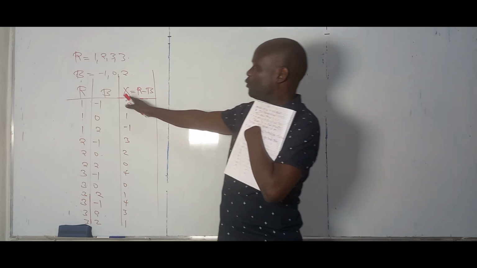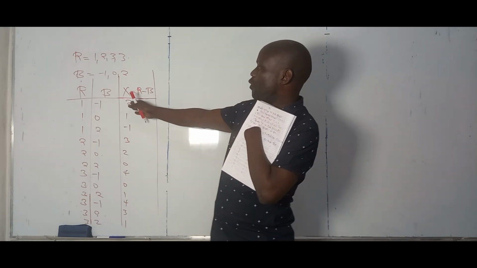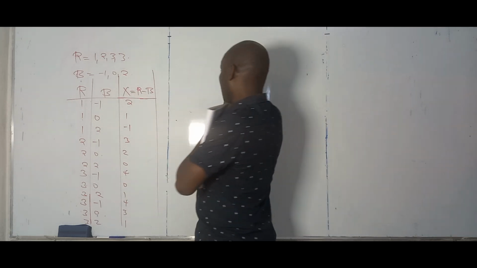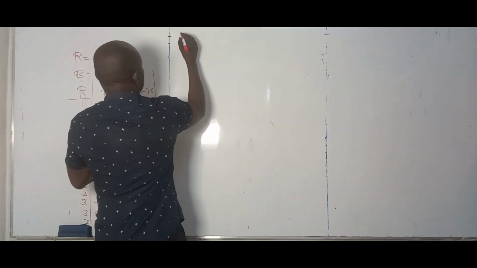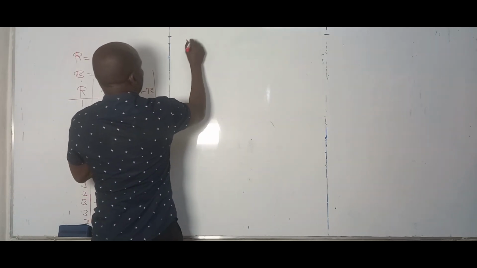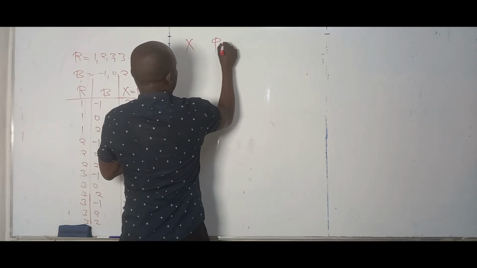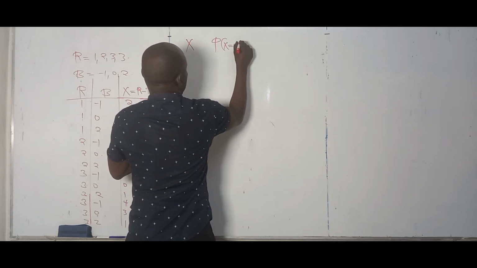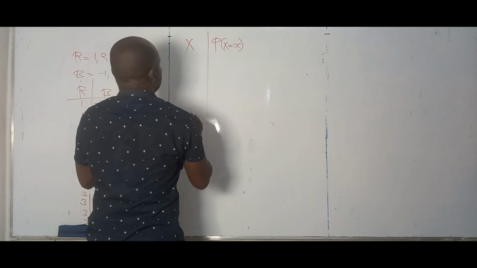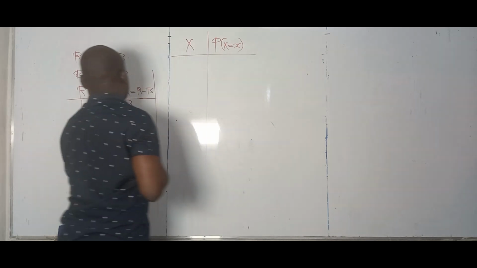So we want to draw the probability distribution table of our random variable x, and we start by saying x and then the probability that x takes that value, like that.